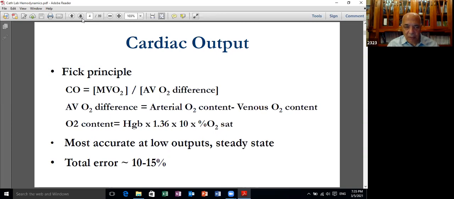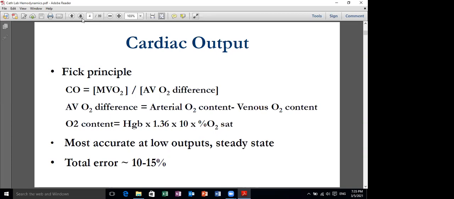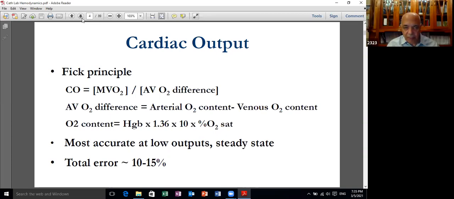We multiply the hemoglobin percent by what we call the oxygen capacity of the blood, which is the amount of oxygen taken by 1 milliliter of blood to saturate it to 100%. This is equivalent to 1.36 milliliters of oxygen multiplied by 10 to change the percent into liters, multiplied by the oxygen saturation.